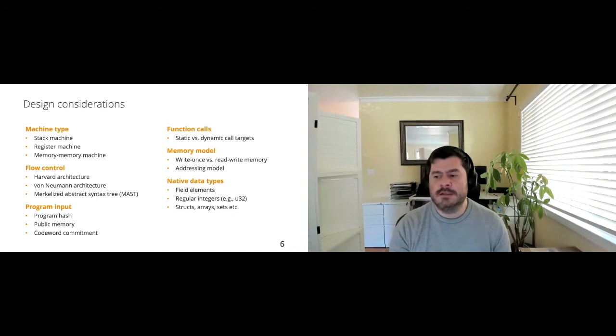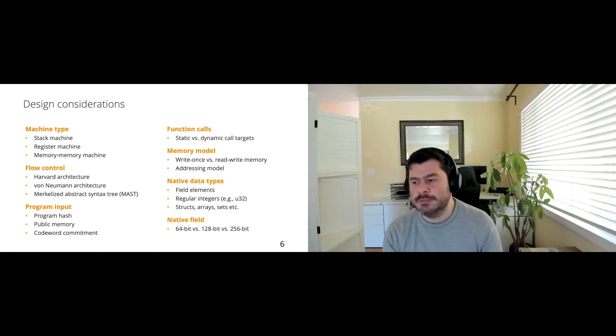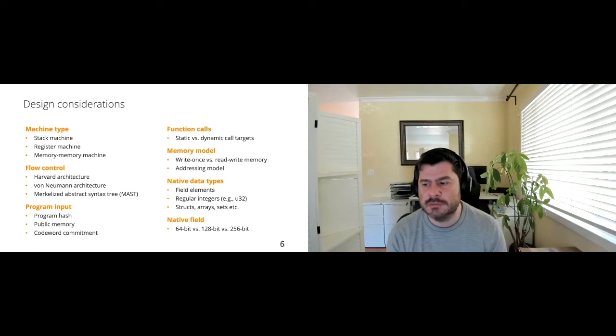And then one of the other things to highlight is which field your VM is going to work over. Is it going to be 64-bit, 128-bit, 256-bit? There are different considerations for why you might want to use one versus the other. For example, the smaller the field, the better performance you'll get. But at the same time, there are trade-offs: can you use elliptic curves in small fields, for example?